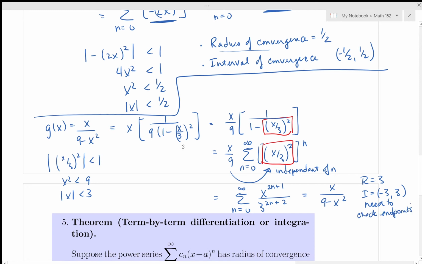And I'm seeing, let's see, when x is 3, I have 3 to the 2n plus 1 divided by 3 to the 2n plus 2, so I have 1/3.